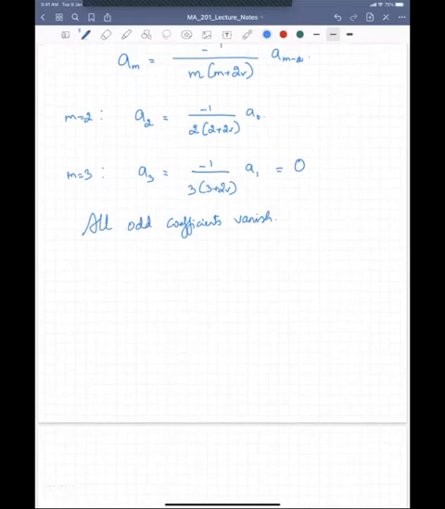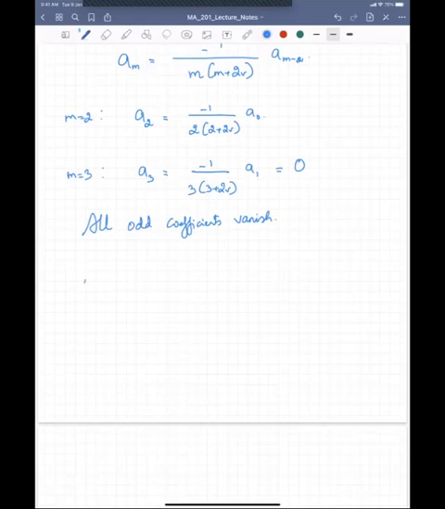So the question is, what are the even coefficients? Well, again, I can figure this out using the recursion relation. We have just shown you that a2 is basically minus 1 over 2 times 2 plus 2 nu. You can keep going like this. So put m equals 4 and you get a4 in terms of a2.